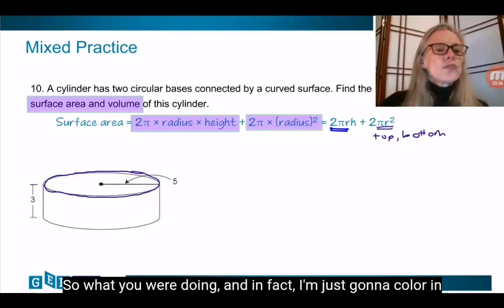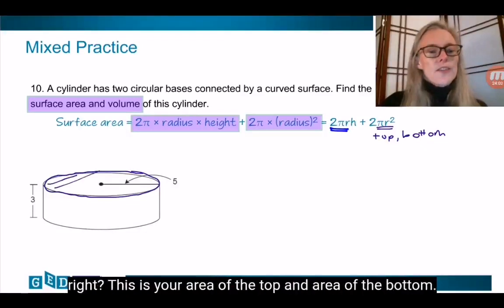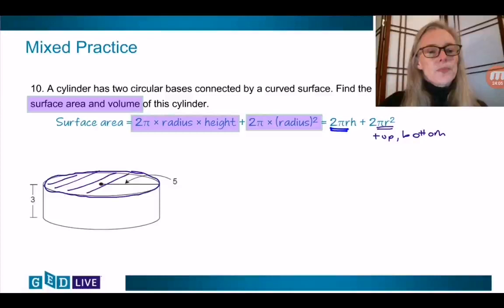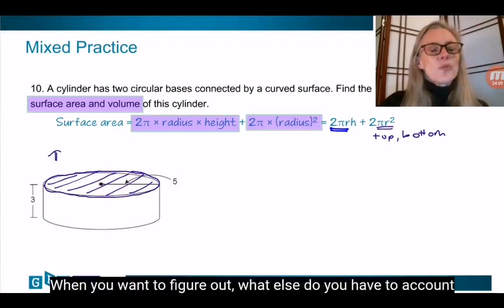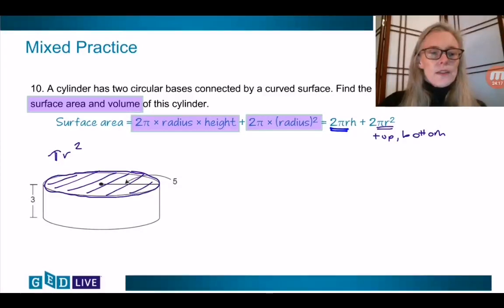So what you are doing, and in fact, I'm just going to color in the top here to distinguish it from what I'm doing. This is your area of the top and area of the bottom, pi r squared, right here. Then, what else do you have to account for here? You have to account for this part on the outside, this part.